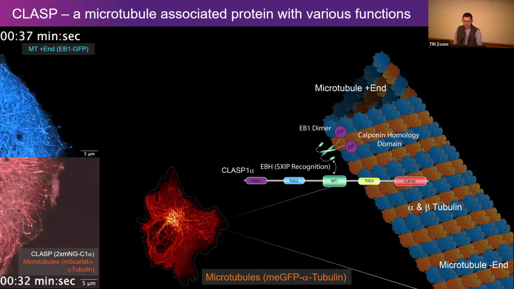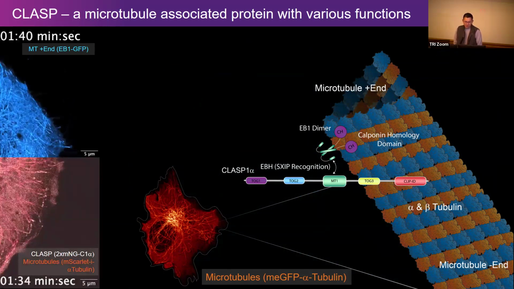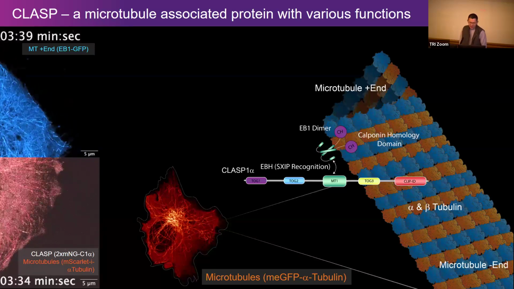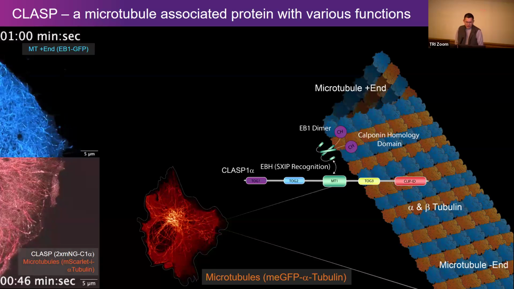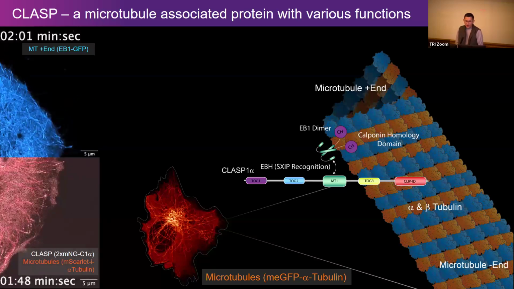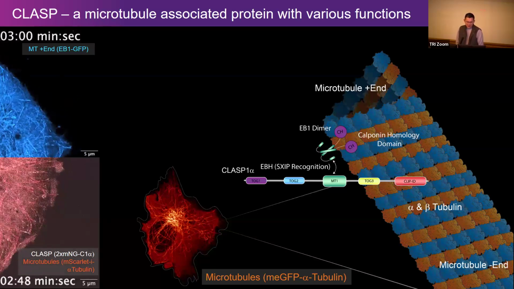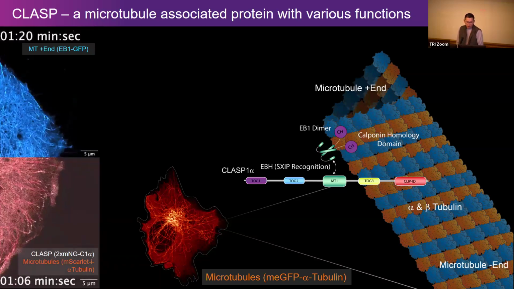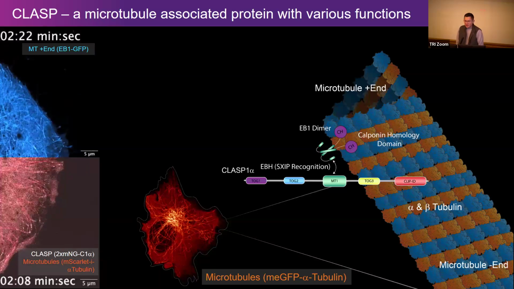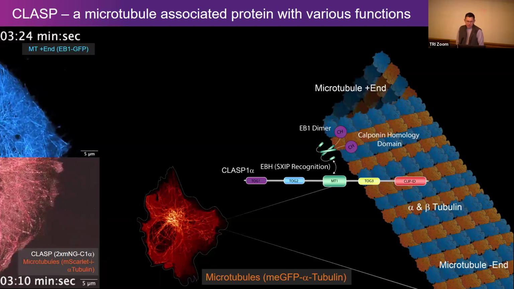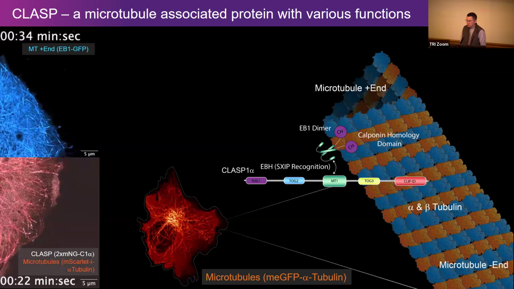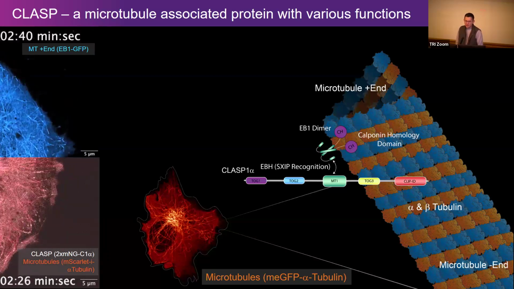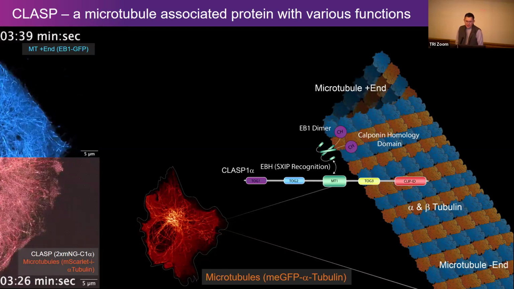It associates at the very fast growing end of microtubules, as you can see on the top left in cyan, marked by the master regulator EB1. And CLASP just below it, annotated in white, exhibits very similar dynamics to EB1, because it utilizes EB1 interaction to recruit it to the plus end of microtubules.